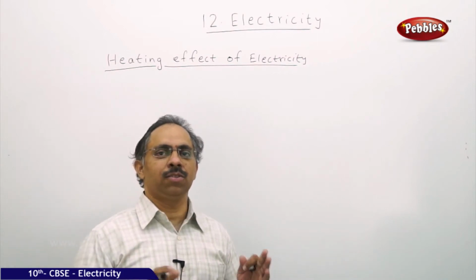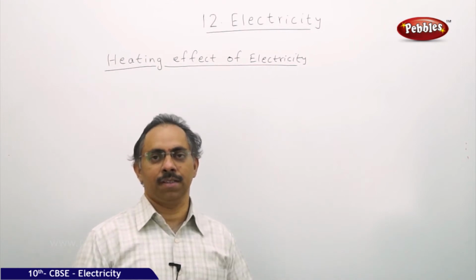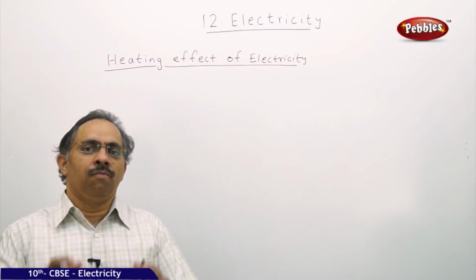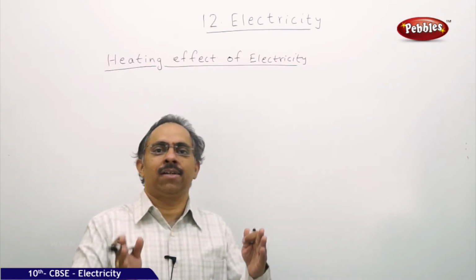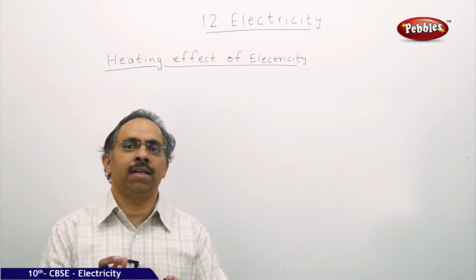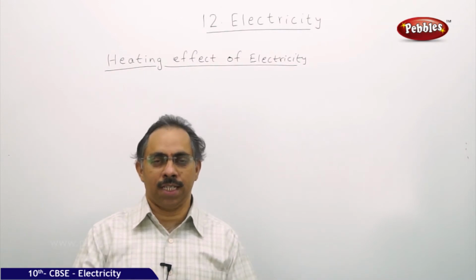Whenever current passes through a circuit, a resistor for example, what happens? We have seen that the potential difference across a resistor is nothing but the work done in moving the charges through the resistor, work done per unit charge.